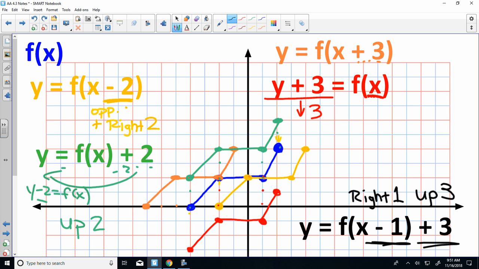So we have to take all the points and move them right 1 and up 3. So this point, right 1, 1, 2, 3. Right 1, 1, 2, 3. Right 1, 1, 2, 3. And right 1, 1, 2, 3. And so there to there to there.